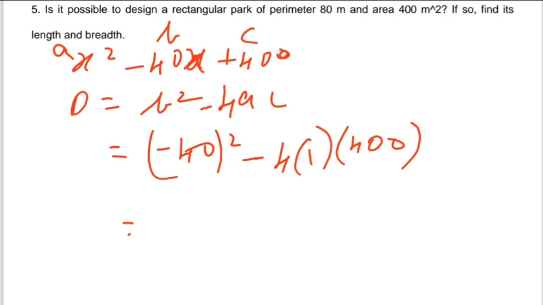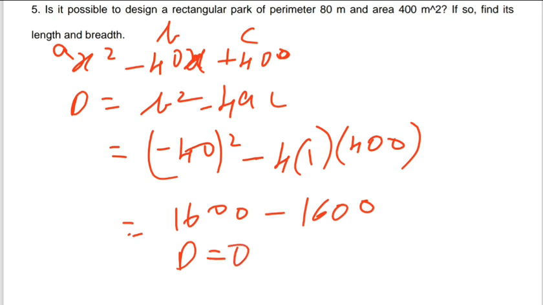Minus 40 the whole square is 1600, minus 4 into 1 into 400 is 1600. So we got discriminant is equal to 0.